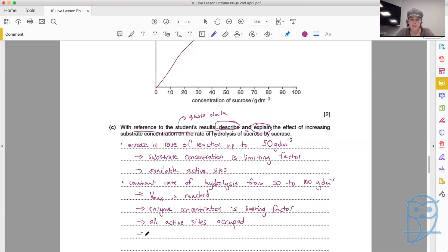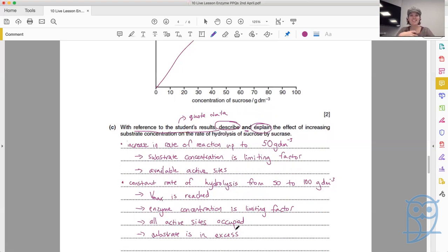And another way of saying this is that the substrate is in excess. If we wanted to increase reaction rate, we would have to increase enzyme concentration at this point.